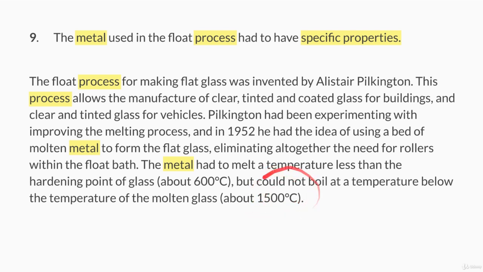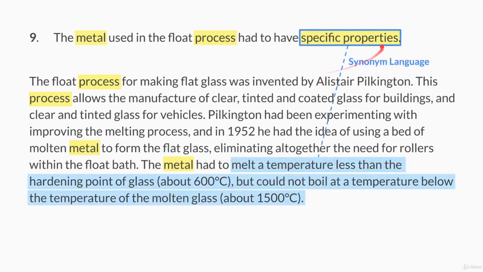So these two here are examples of properties. The melting point, and it's also talking about the boiling point. So those are specific properties. So that is synonym language. So we're going to mark that part. You can underline it. This is going to be synonym language for specific properties of the metal.